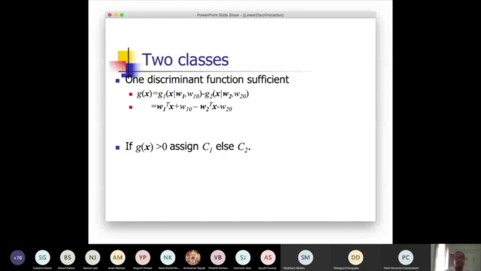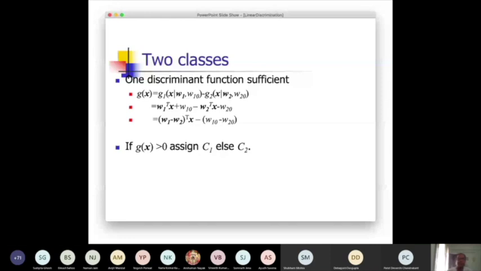So if I expand this term of g1 and g2, we can write in the linear form, and we can see it becomes again another linear function. Linear in the sense the way we have defined, that there is also a constant term added with it.